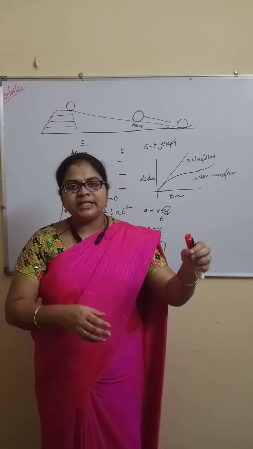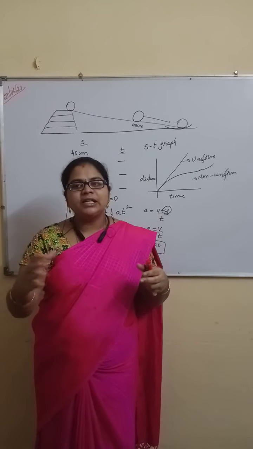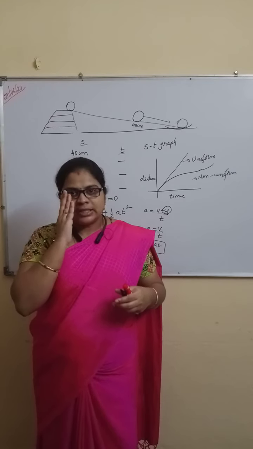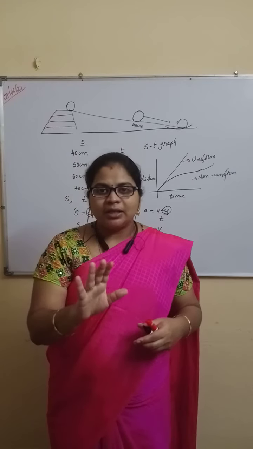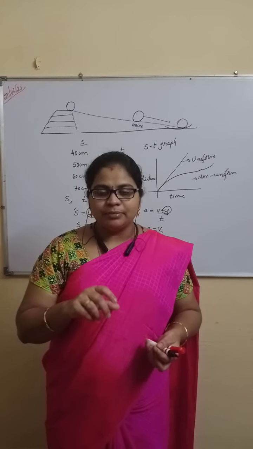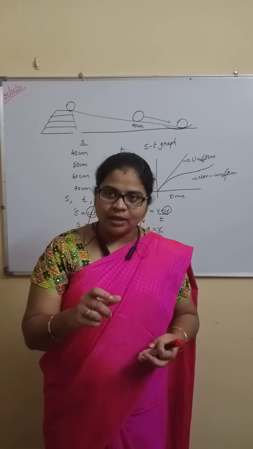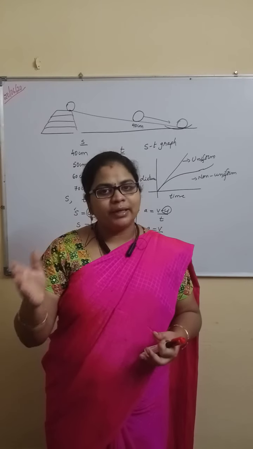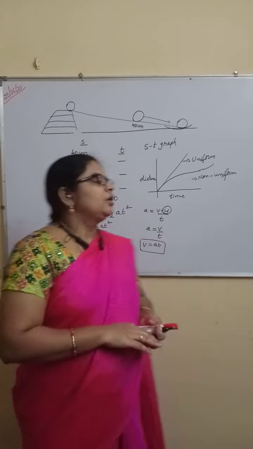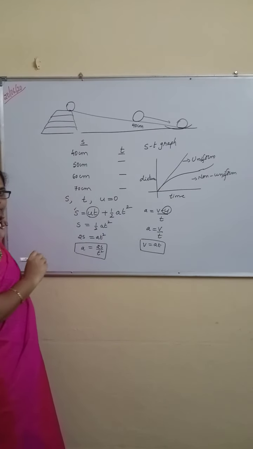So at 50 centimeters I am leaving the marble, so it will fall down and finally reach the steel plate. So the steel plate will obstruct the marble. Now we have to note down the time, how much time is required to reach the steel plate. You have to note it down by using the stopwatch. So like that we will know the S value and T value.